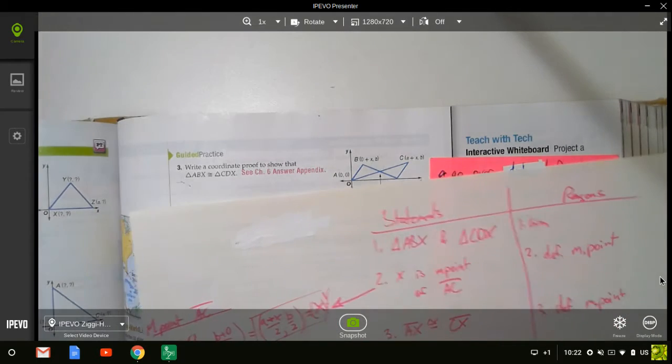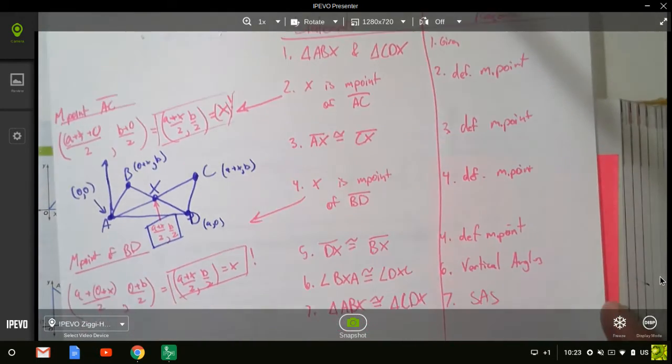Yes. Same thing, but in a different order. You could do the same thing in a different order too, as well.